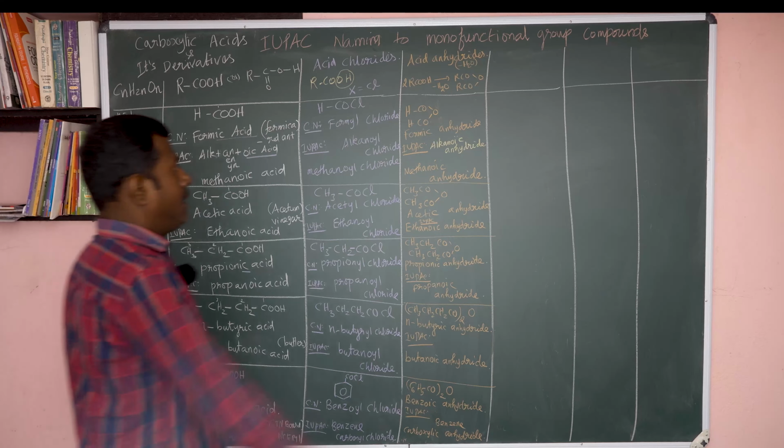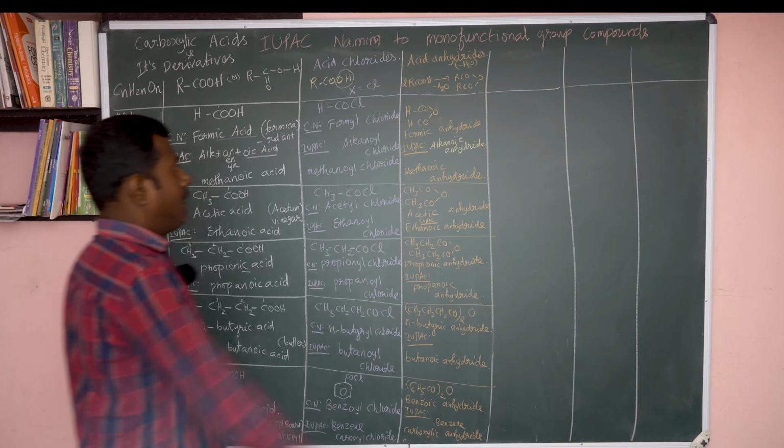So actually these are all acid anhydrides. We have finished the acid anhydride structures with the common name and IUPAC name. So among carboxylic acid derivatives, we have finished acid chlorides and acid anhydrides.